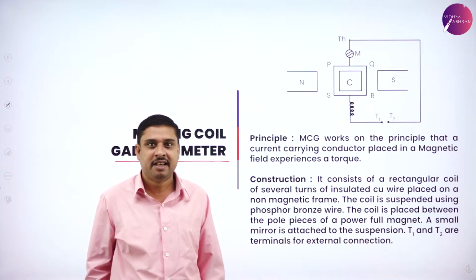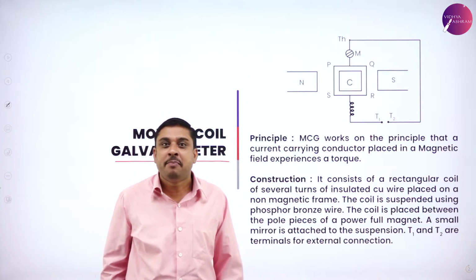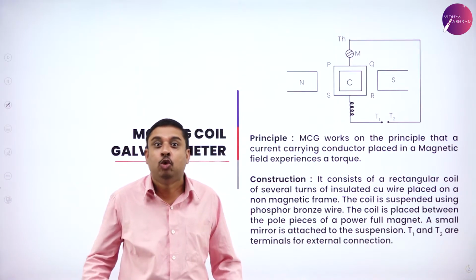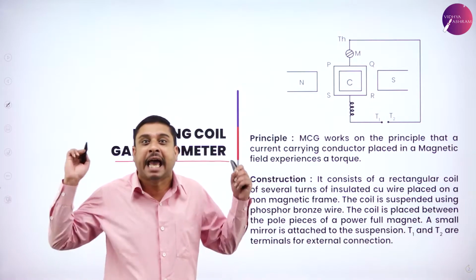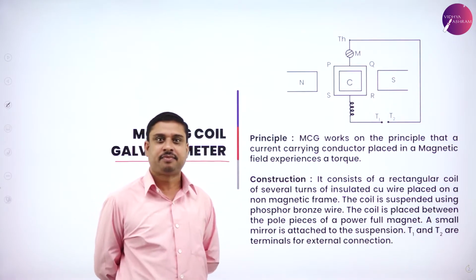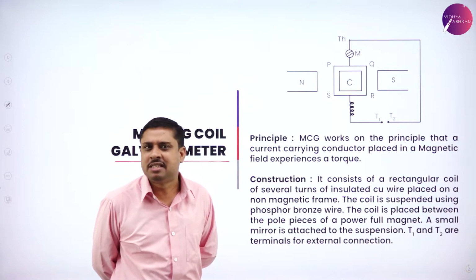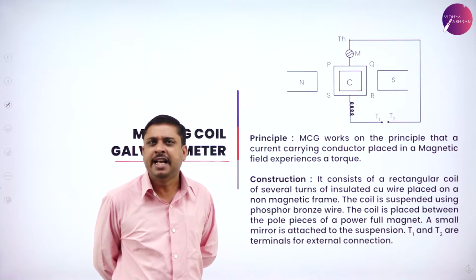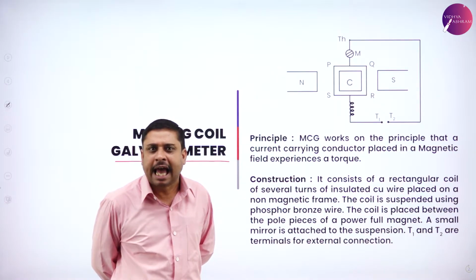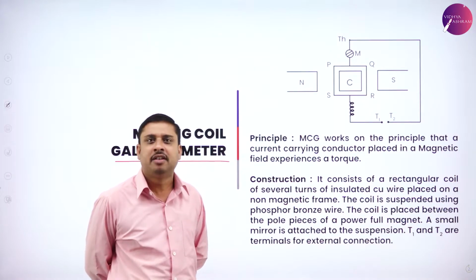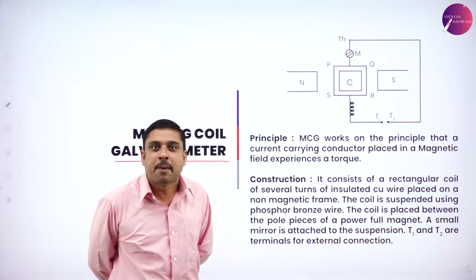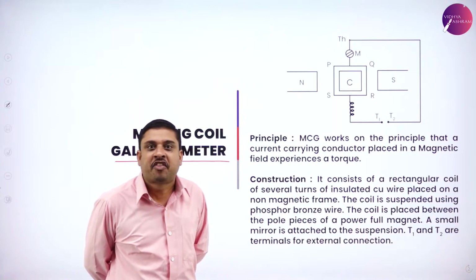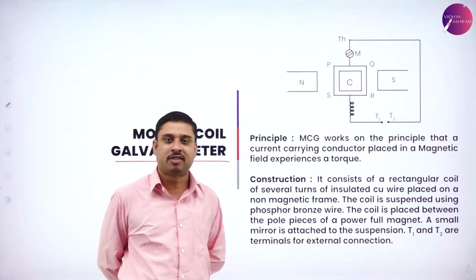I repeat, we are familiar with the usage of a pointer galvanometer. My dear students, what did we use a galvanometer for? It is to check the presence of current in a circuit.